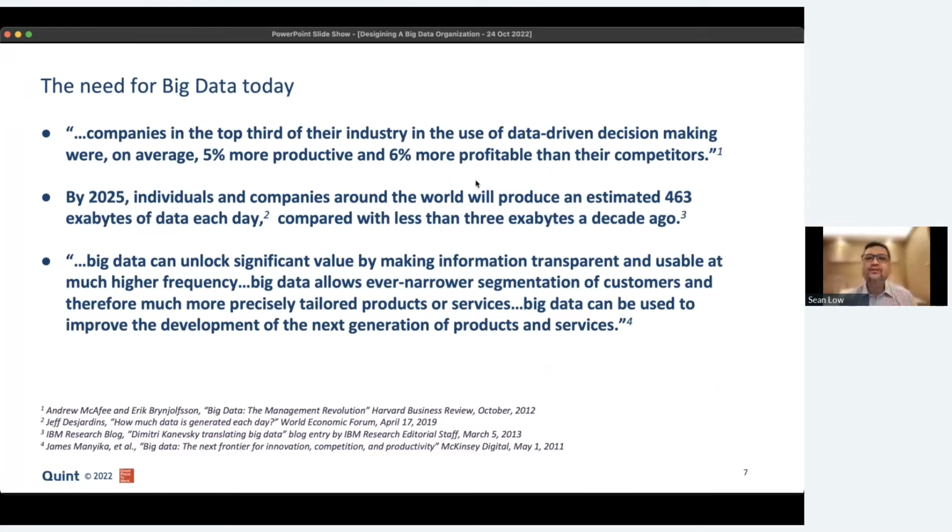And if this is done correctly, this can actually bring a lot more productivity, a lot more value to organizations. Because big data, if it is carried out correctly, can open up information to be more transparent, where you can find more patterns, more ideas to be able to deliver better service, newer service to meet the demands of the consumer today.